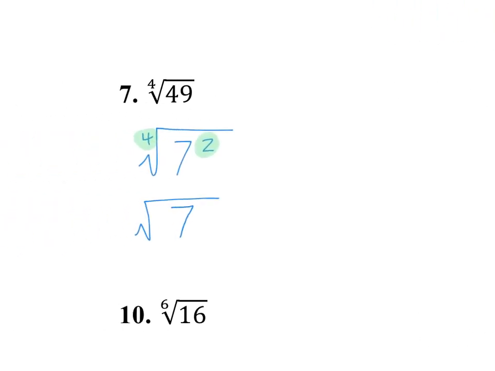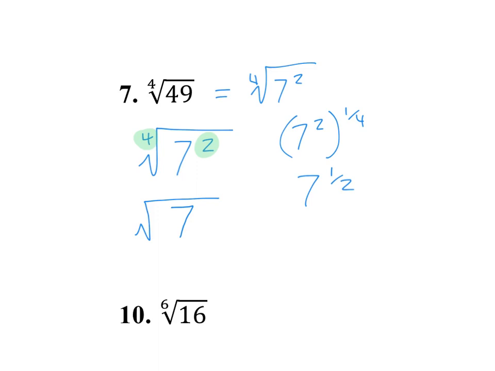All right, another way to look at that is if you want to change it to exponent form, this would be 4th root of 7 squared, and then you could change that to 7 squared to the power 1/4, then multiply it through. So 2 times 1/4 is 1/2. However, I mentioned earlier that your final answer, if it doesn't simplify completely, should be in the same form.